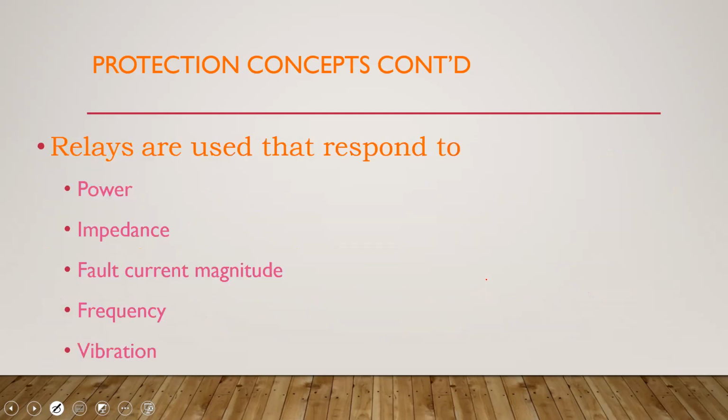So let's start with what relays respond to. Remember I said earlier that with the generator, if the generator is vibrating too much, it means that there's a fault. It means that you may have a hairline fracture on the shaft. That is something that has happened here in Jamaica.